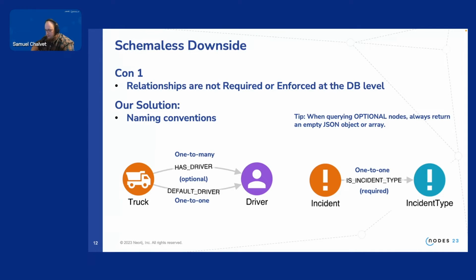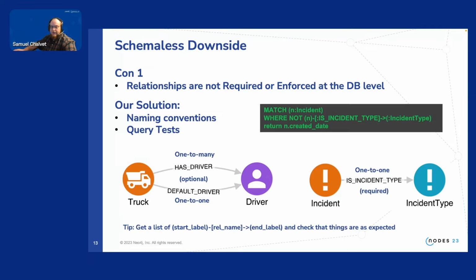A "has" is always a one to many relationship that's potentially optional. So a truck can have many drivers, but default driver is always going to be one to one since it doesn't start with "has." So naming conventions help us resolve those issues.